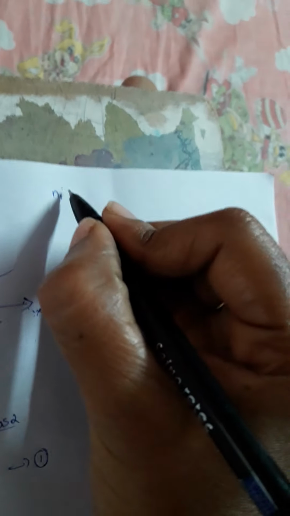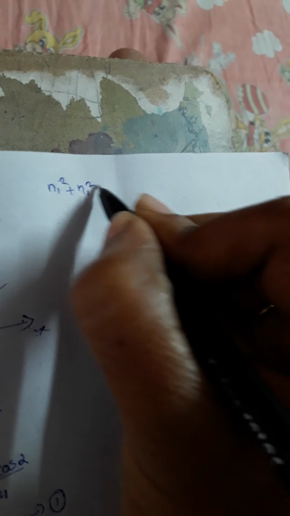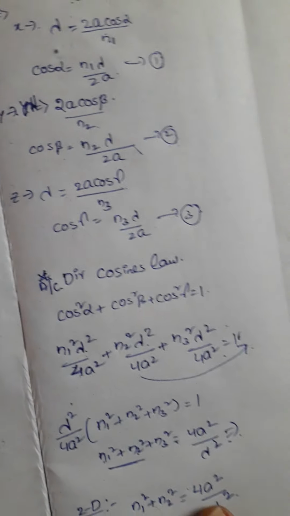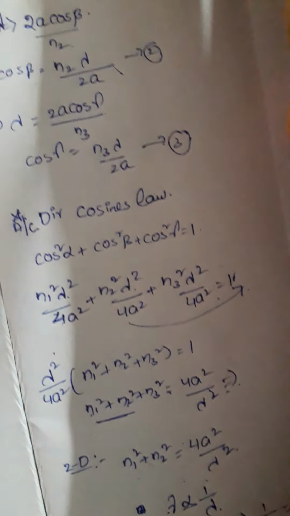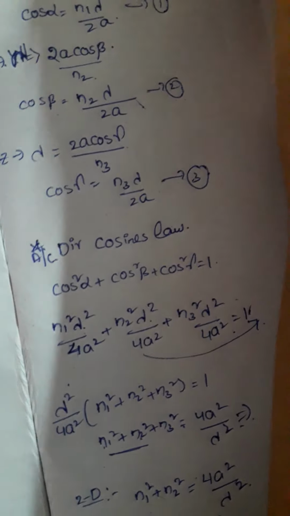Then n1 square plus n2 square equals 4a square, and here 1 by lambda square is there. What is the 1 by lambda value? Mu by c.